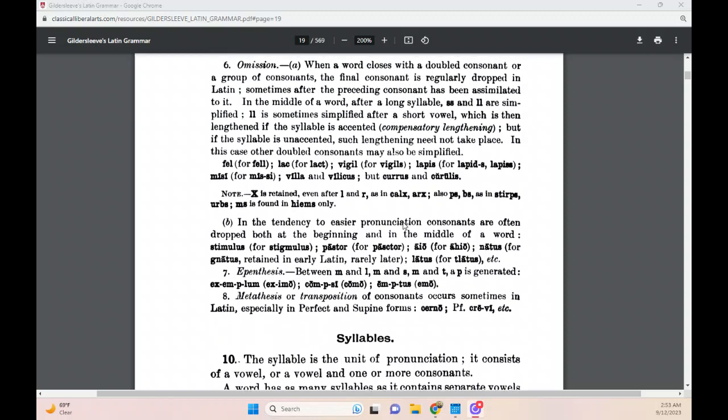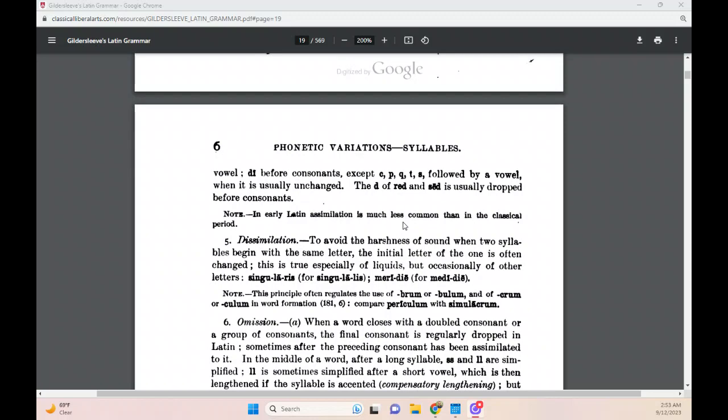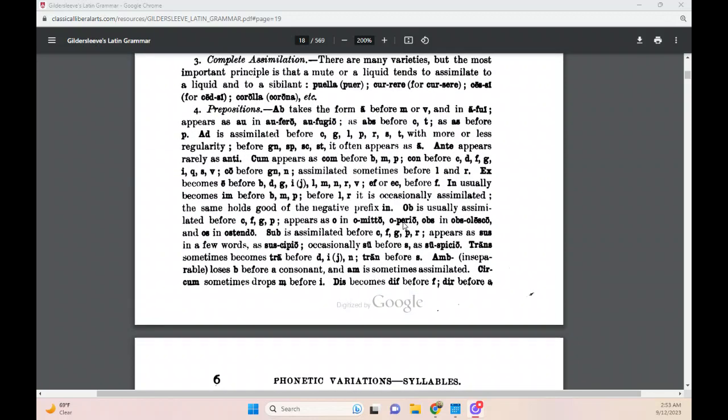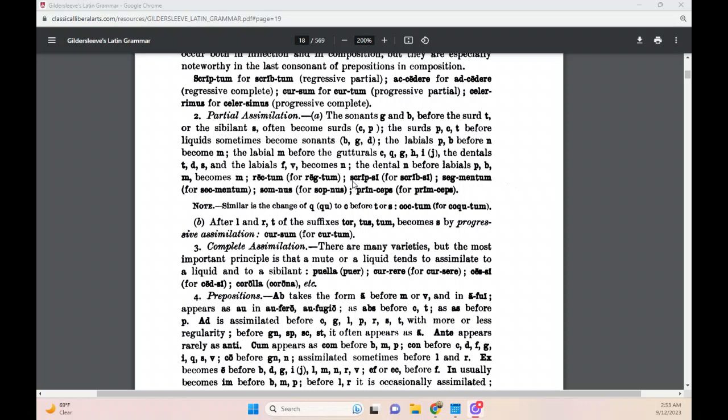And let me just scroll up and look around a little bit for another example. Here's a good example here. The verb scripsi. We can see three consonants together before the vowel.